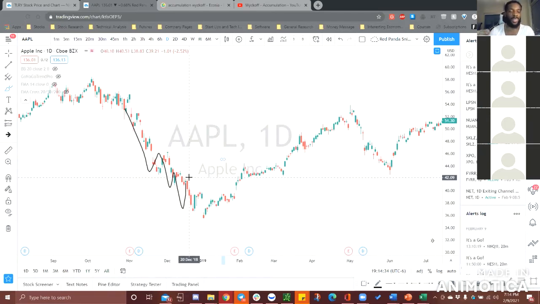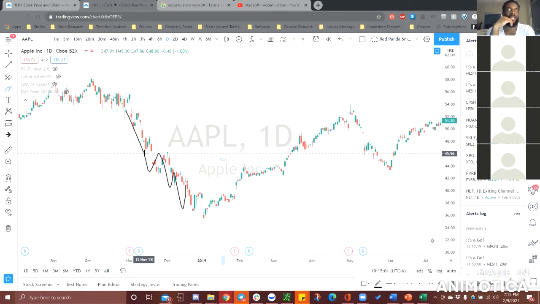What's the difference between accumulation and consolidation? Consolidation is more the umbrella term for when price moves sideways, because you can have consolidation within an accumulation schematic and a distribution schematic. It's almost the same principle.